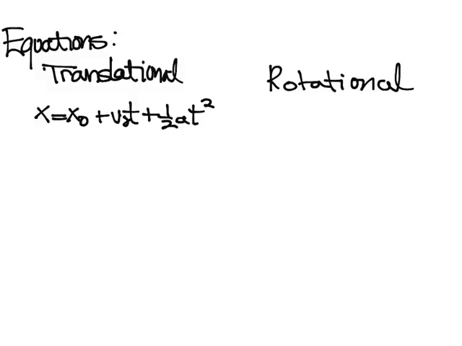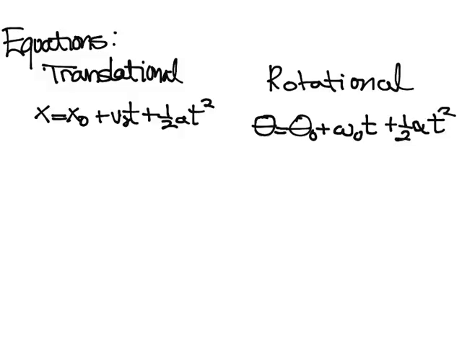The rotational version of that is going to be almost the same, except for x I'm going to put theta equals theta naught plus omega naught t plus 1/2 alpha t squared.